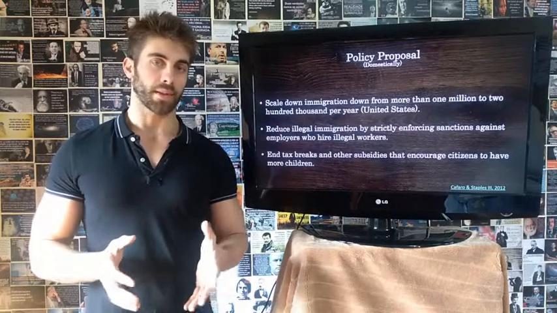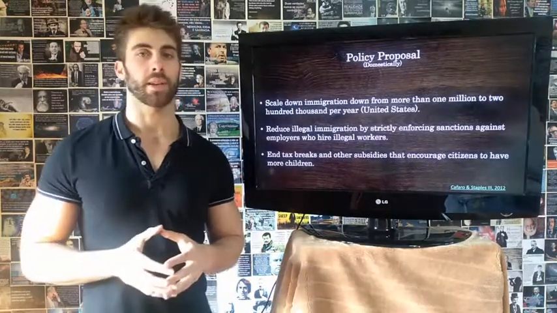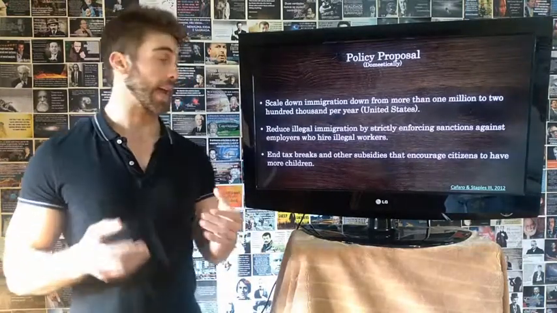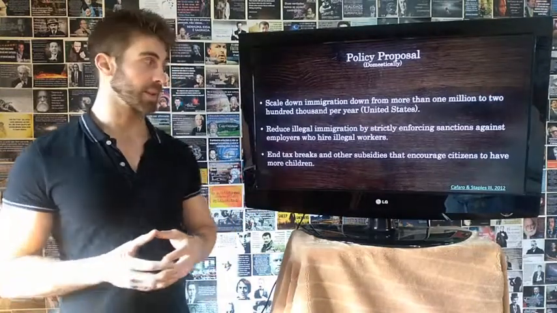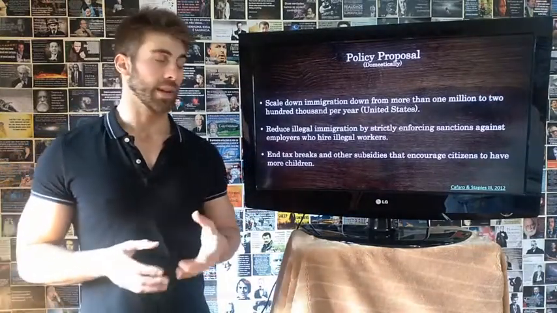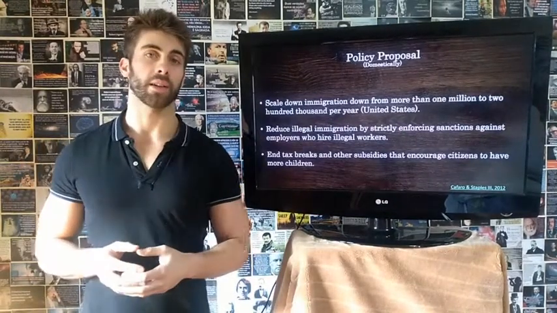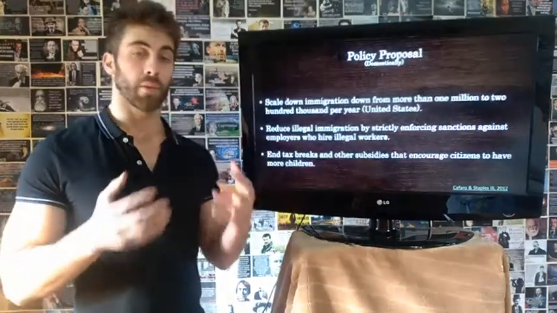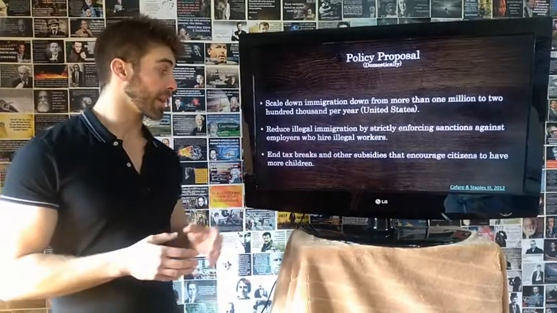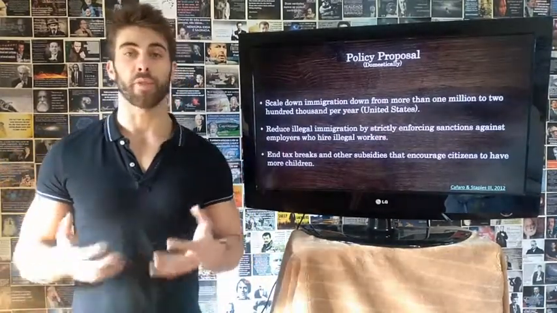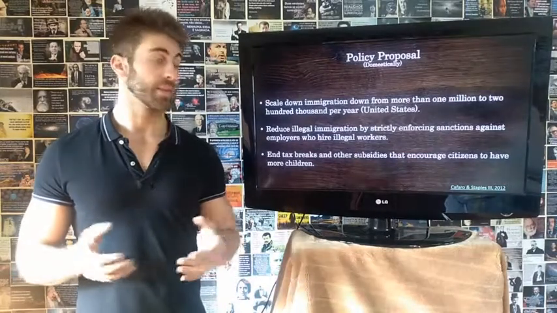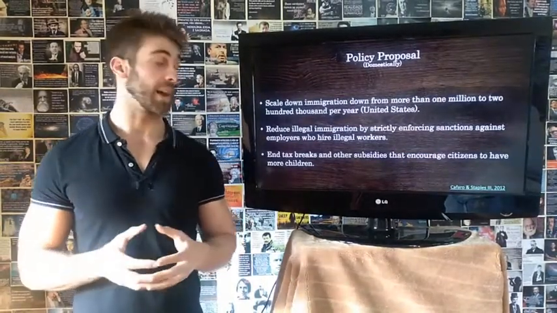But the truth is we have to reduce the quotas for legal immigration as well as illegal immigration, because there would need to be strictly enforced sanctions against employers who hire illegal immigrants for work. Finally, ending tax incentives for families to have big families and a larger family size.